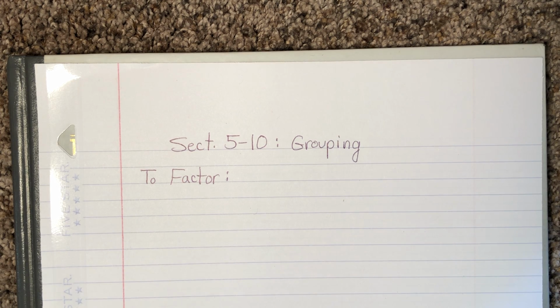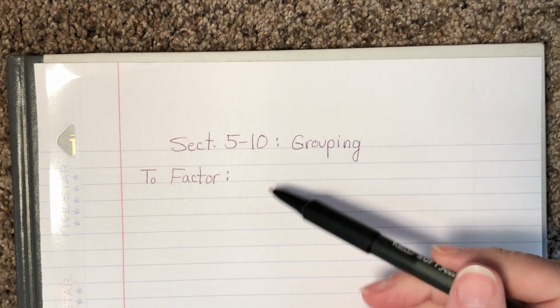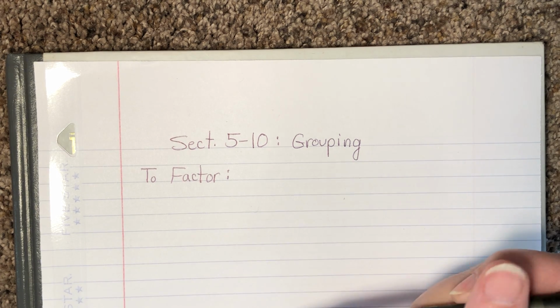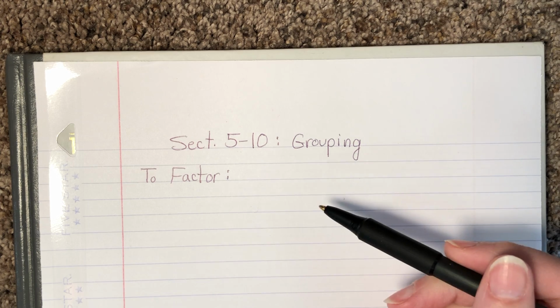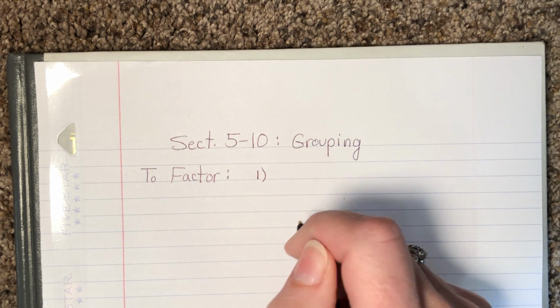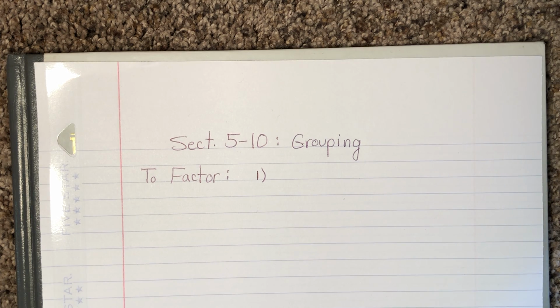Okay guys, we're going to go on to section 5.10, which is grouping, and that's our third special pattern. So I want to go through and write out the complete checklist so you can see what we have and where we still need to go. Remember, you've got to follow this very carefully when you factor.